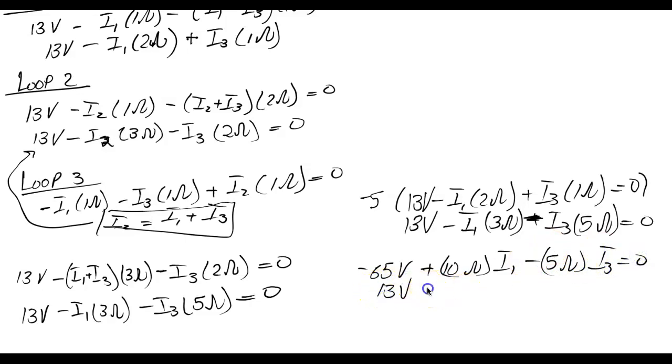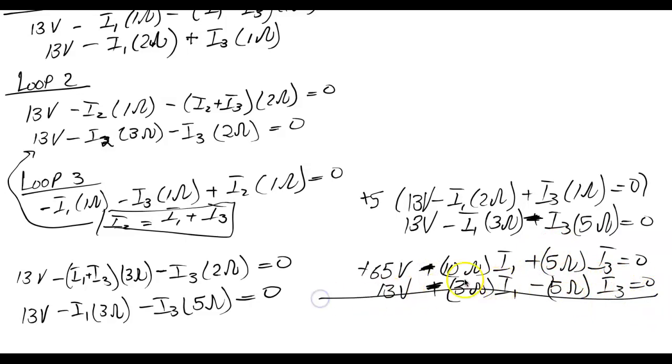13 volts minus 3 ohms I1 plus 5 ohms I3 equals 0. It should be a positive 5, sorry folks, because we want them to cancel.